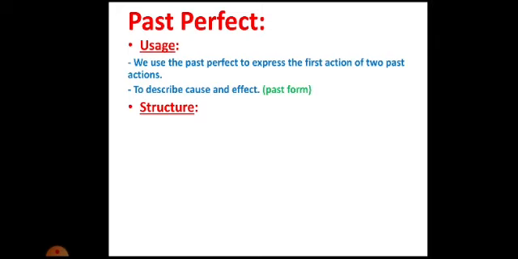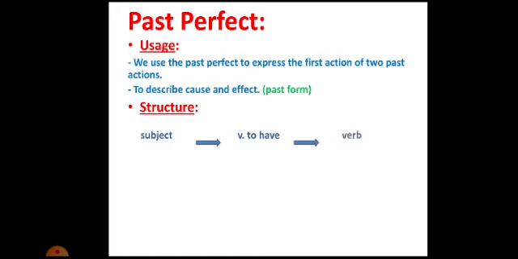Now for the structure, we will start with the subject as usual, then comes the auxiliary verb, which is the verb to have. As with all perfect tenses, we use the verb to have as a helper or an auxiliary verb, and then comes the verb.